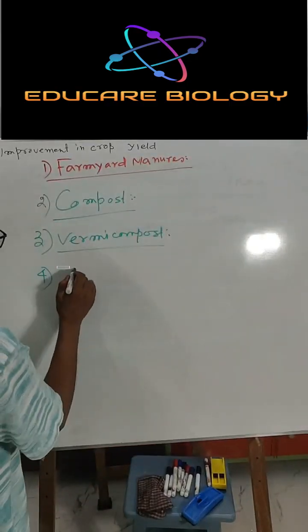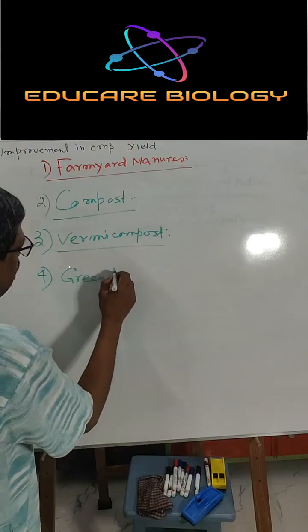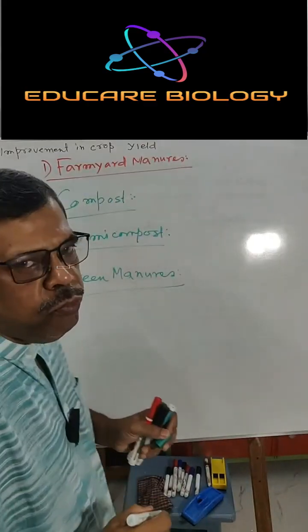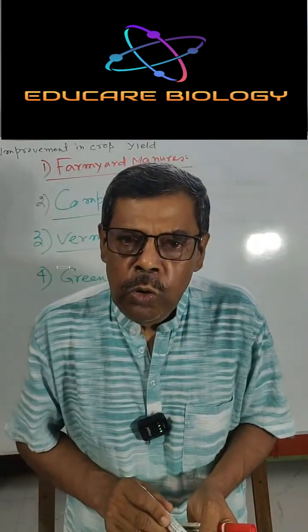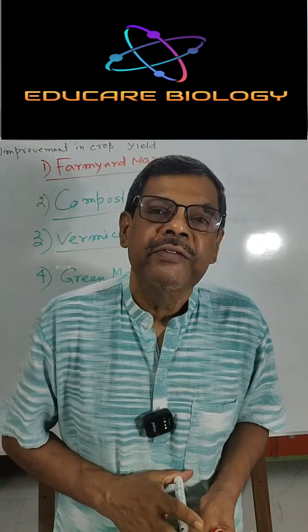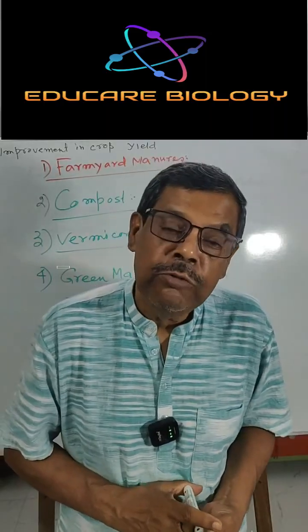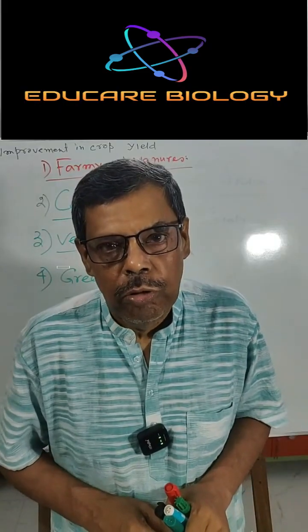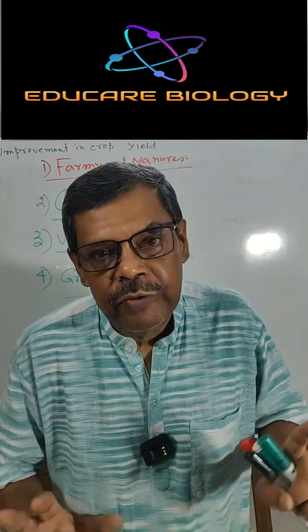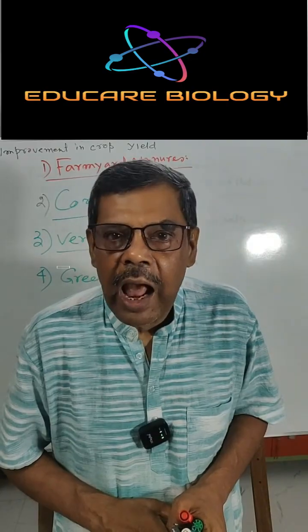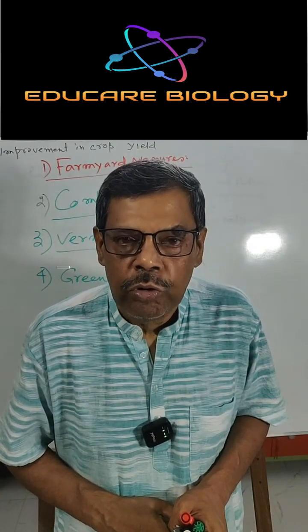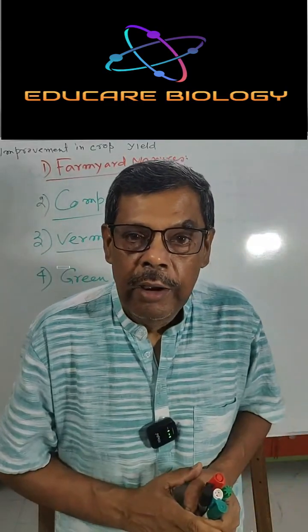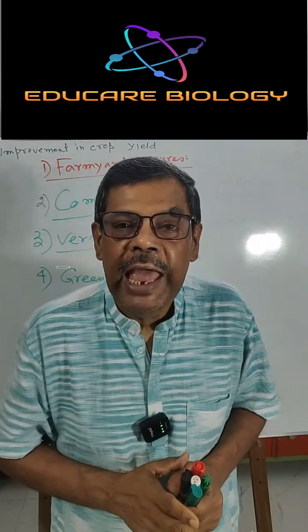Next, 4, green manures. Green manures may be called fast-growing green plants. That is, leguminous plants are used for this purpose. They are grown in the soil for 4 to 8 weeks.